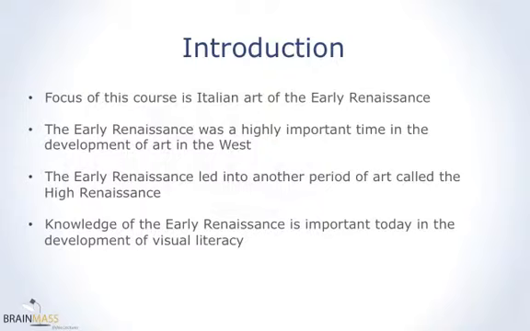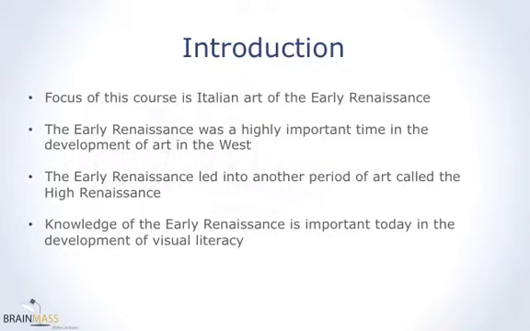Now, the early Renaissance would lead into a period after it, which was called the High Renaissance. The High Renaissance lasted roughly from about 1485 until about 1520. We will not be covering the High Renaissance in this lecture, but I think it is good for you to be aware of it.